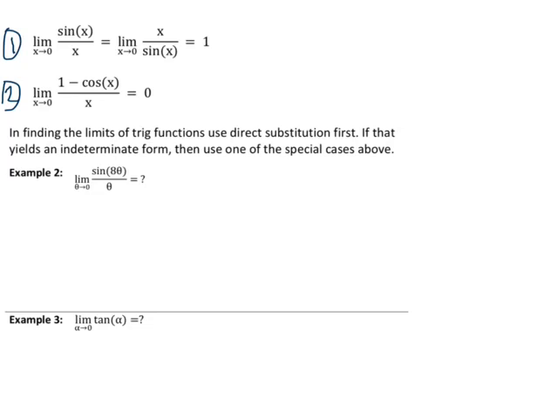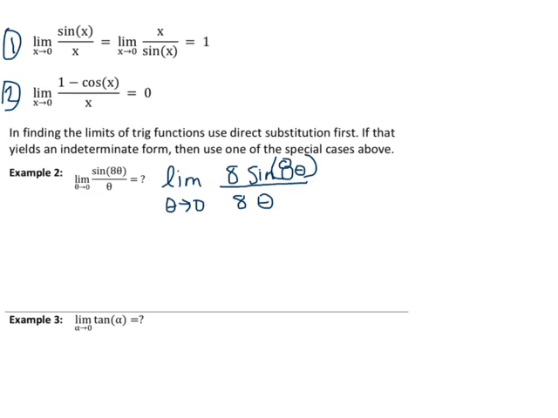The limit as theta approaches 0. And what we're going to do is multiply by a factor of 1. So I'm going to multiply by 8 over 8. So I'm going to write 8 sine of 8 theta over 8 theta.